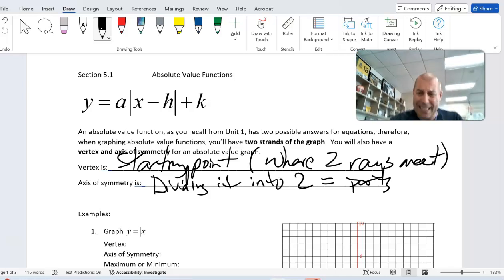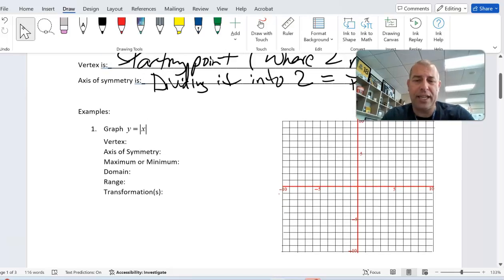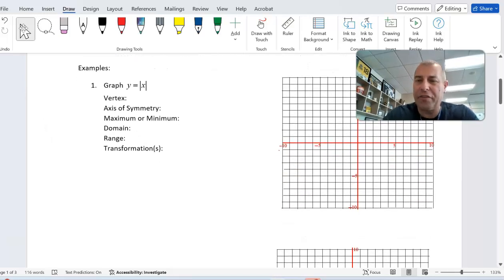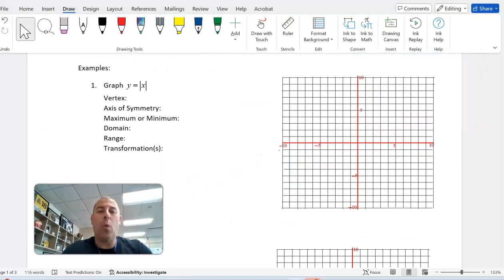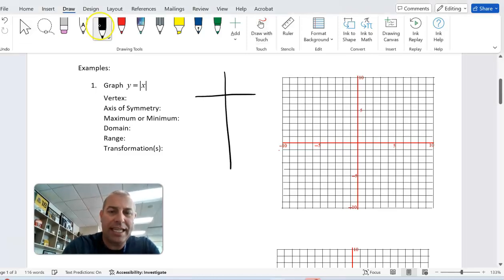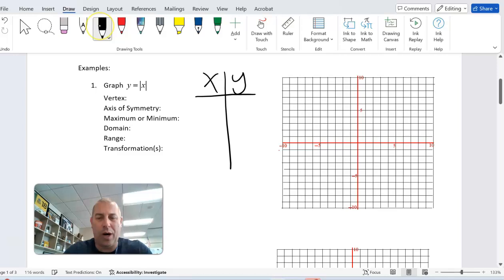All right, so let's get into this here. We're just graphing our very straightforward y equals the absolute value of x. When we construct our table, we've got an x and we've got a y, and we're just going to choose numbers here.